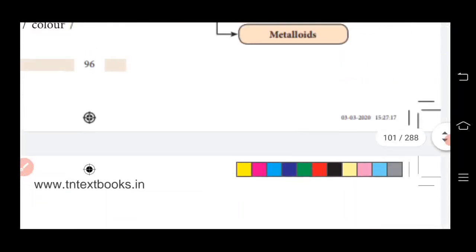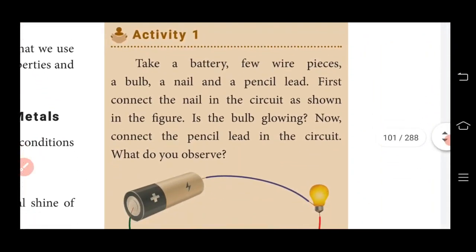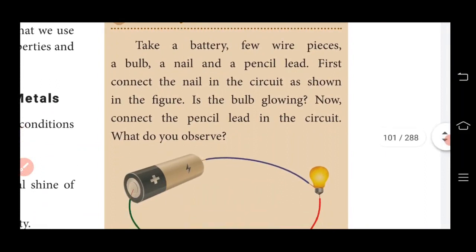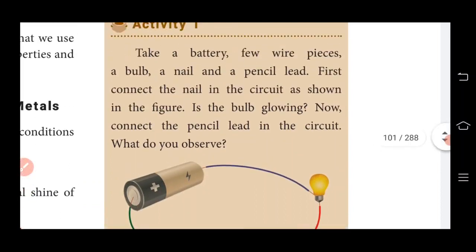Next topic is activity. Take a battery, a few wire pieces, a bulb, a nail, and a pencil lead. See here, this is a nail, battery, and bulb. First connect the nail in the circuit as in the figure. Is the bulb glowing or not?